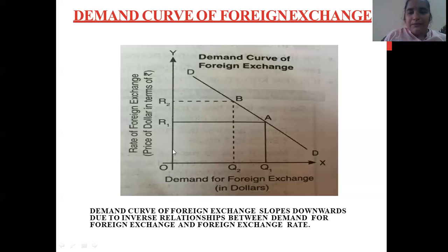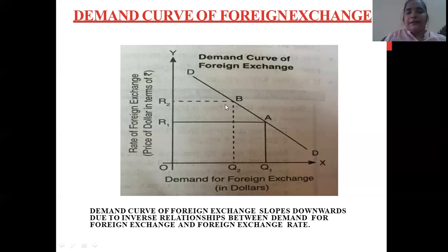Say price becomes less, around here, so quantity demanded is here. So that's the reason why the demand curve is a downward sloping curve. From here it is going down and down. This is left, this is right. So we say that the demand curve is a downward sloping curve from left to right.